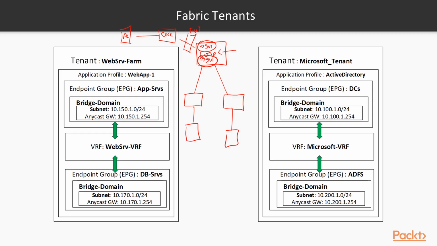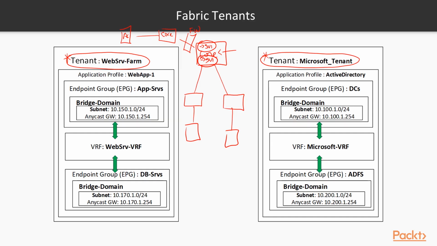With ACI, however, I can classify traffic on particular tenants. Let's say we have a couple of web servers. With that, we need application servers and database servers in order to build that web farm. Here's the problem, and this comes from a security standpoint. If you're going into cloud and hosting multiple customers' environments, then this is definitely the way to go.